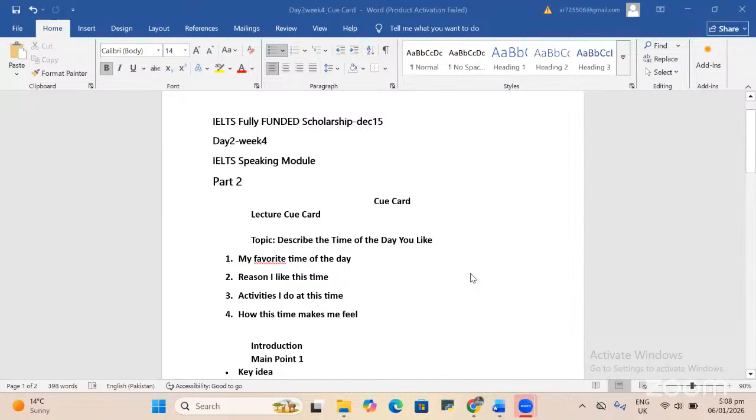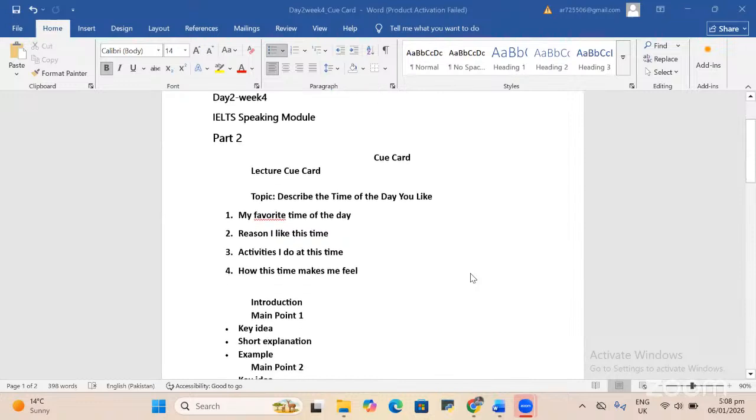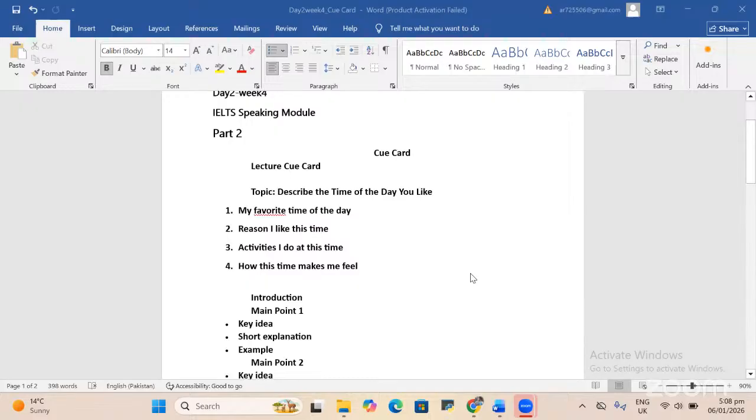For example, this is your cue card topic: describe the time of the day you like. This is the question of the cue card, and these are 4 points linked with this question.